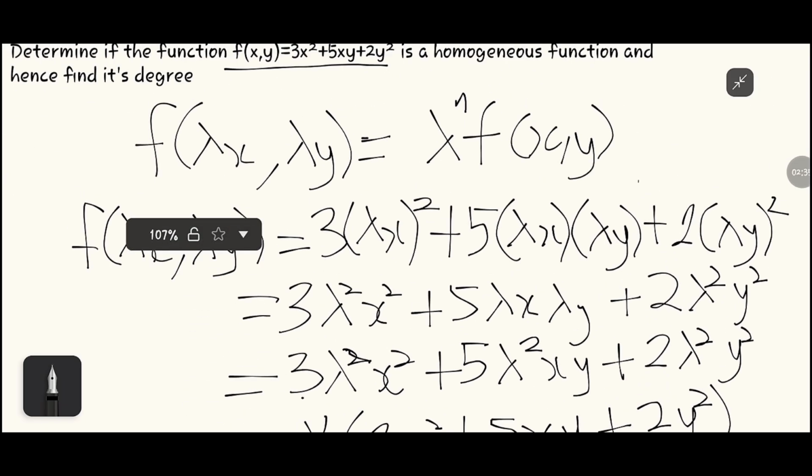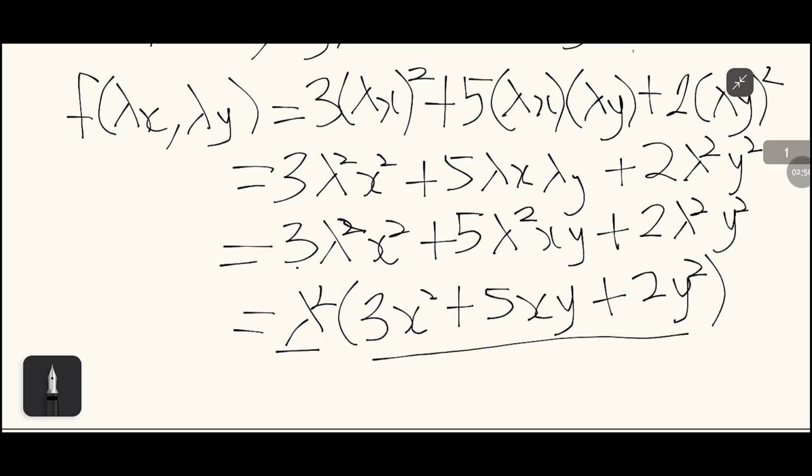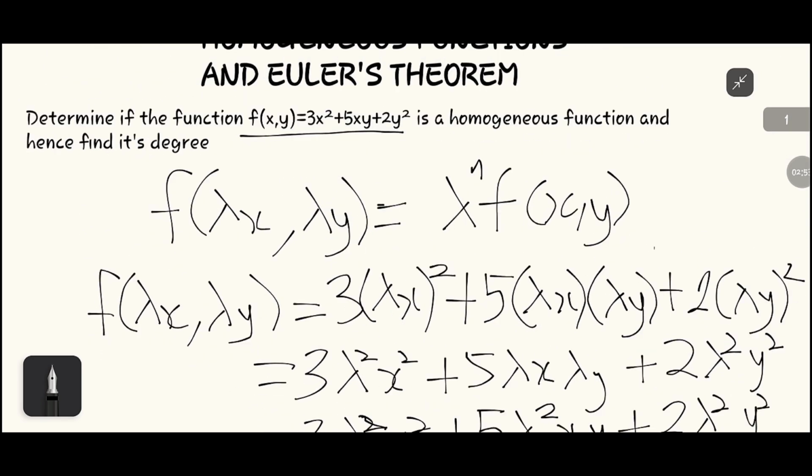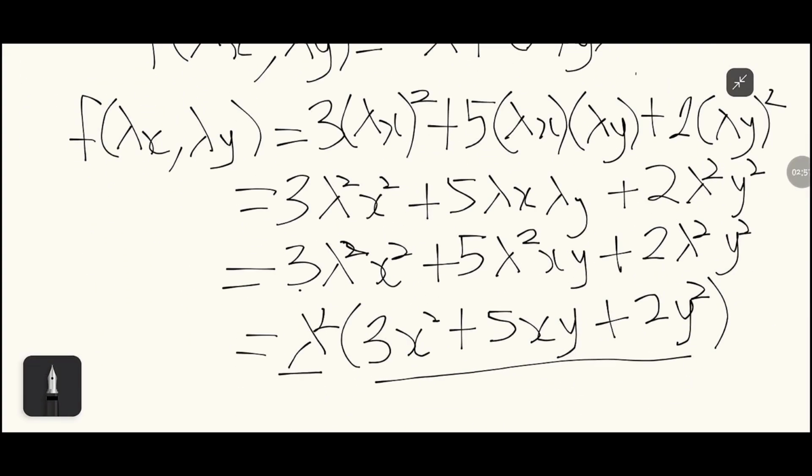When we input lambda x and lambda y, we should have lambda raised to the power n of the original function. We have lambda raised to the power 2, and the original function is the same thing, which is 3x squared plus 5xy plus 2y squared.